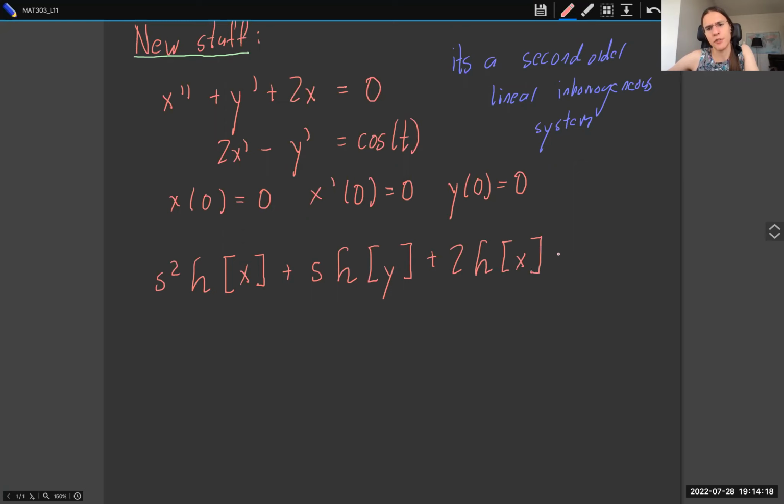So all of the derivatives just go away. Then we get 2s times the Laplace transform of x minus s times the Laplace transform of y is equal to, cosine is the more annoying one, so it's going to be s over s squared plus 1.